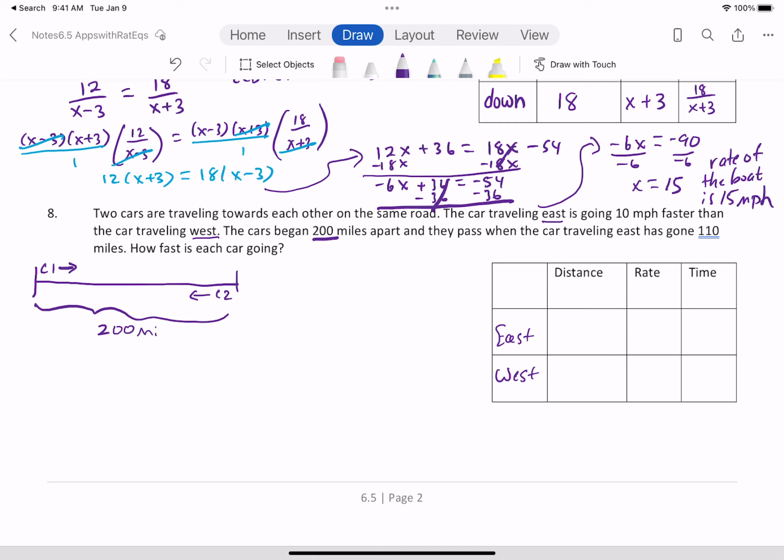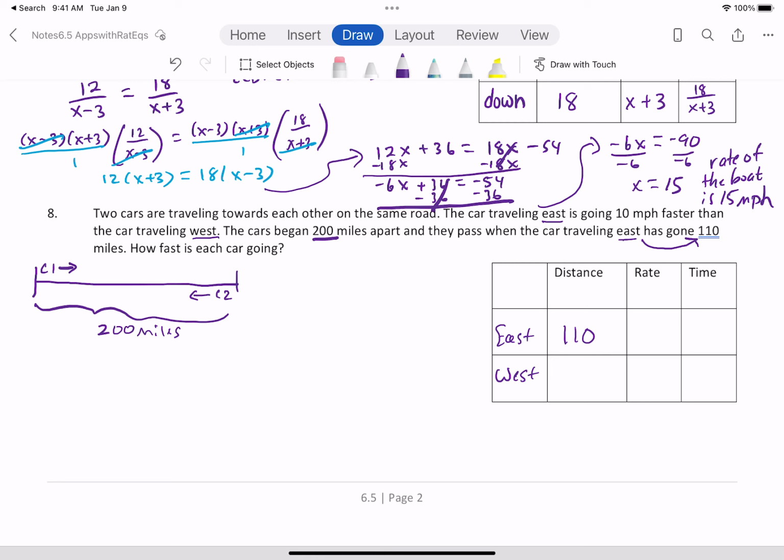So when they start, they are a total of 200 miles apart. We know that when they pass each other, the car traveling east has gone 110 miles. So miles is a distance, right? And that's for the east car.